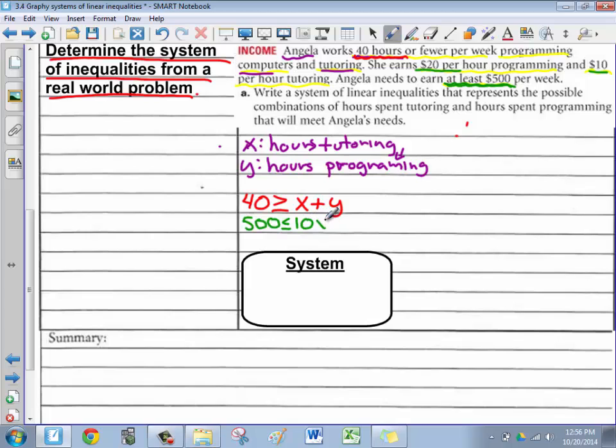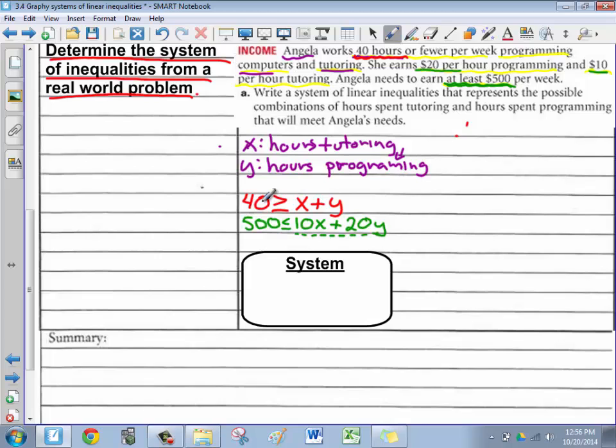So that would be like 10x. So if I tutored for 10 hours, I take 10 hours times $10, which would make me $100, right? And for each hour programming, she makes $20. So 20 times the number of hours programming, which is Y, will give us this. And we know that this side, which is how much she's going to make, has to be 500 or more. At least 500 or more.